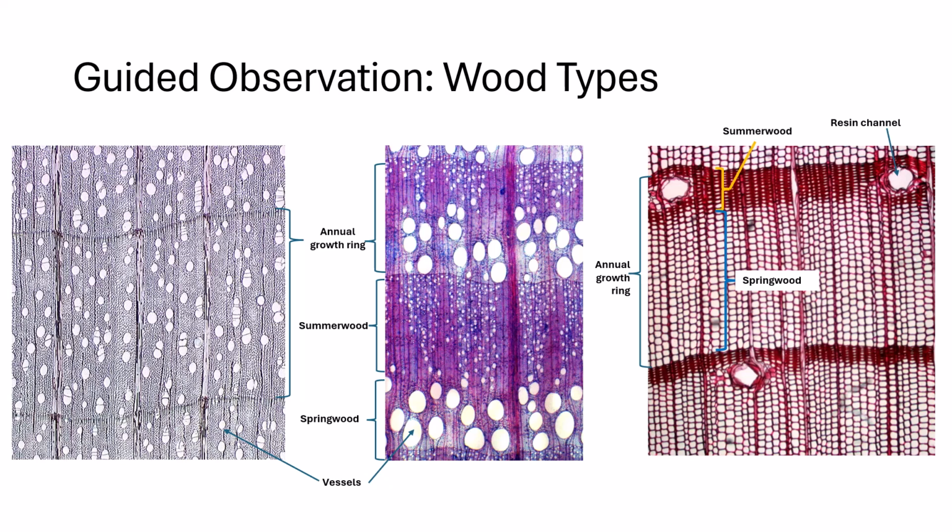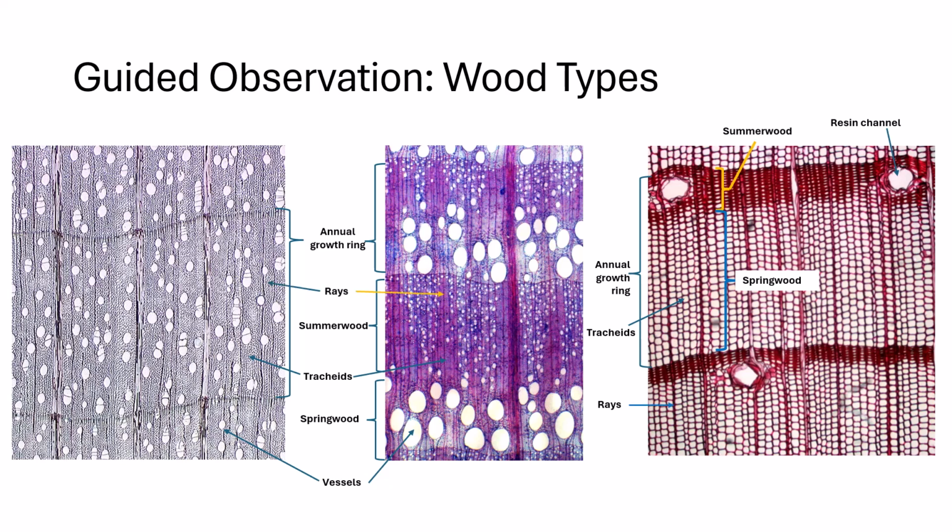Resin, commonly called sap, is the thick, sticky substance that oozes out when a tree is damaged. Whether or not you see vessels, you should be able to find tracheids. These are narrower, elongated cells that make up much of the wood, especially in samples without vessels. You won't always see individual tracheids clearly, but they give the wood its overall fine, uniform texture.